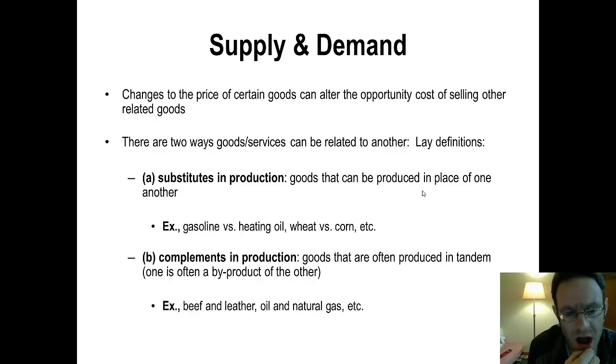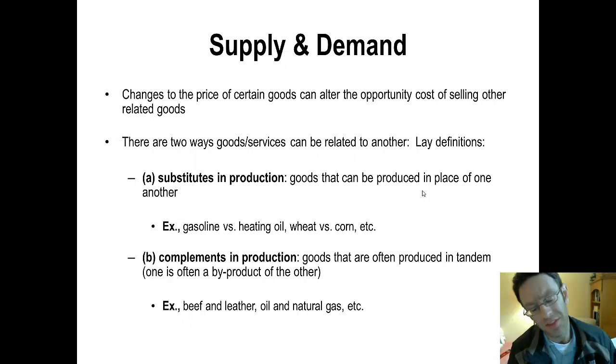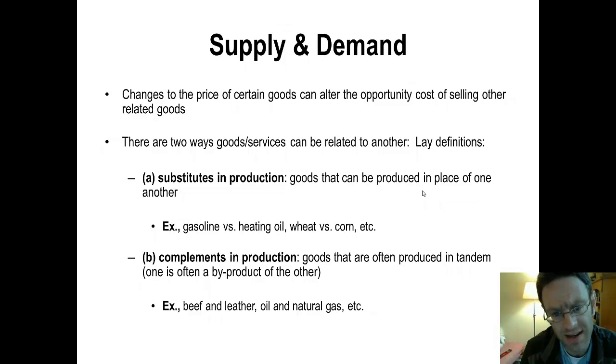And when talking about how goods are related to one another, at least in the production sense, we have both substitutes and complements in production. Think of substitutes in production as commodities that can be easily produced in exchange for one another. So, corn versus wheat if you're a farmer, or diesel versus regular unleaded gasoline if you're a refinery.